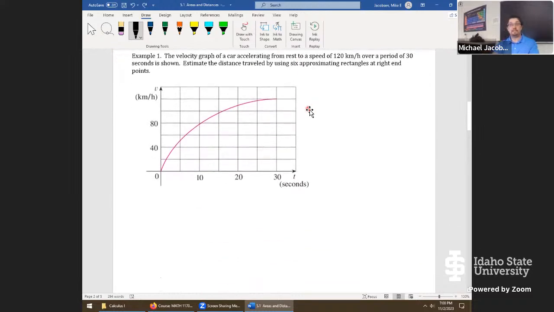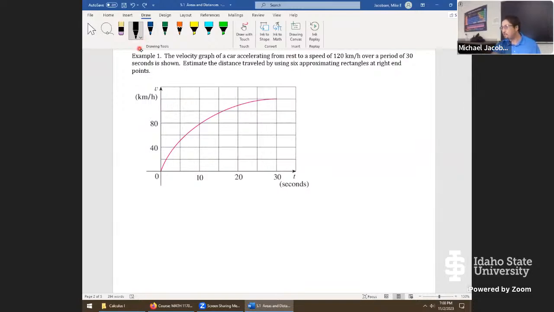So here's our first example. It's an applied problem too to make it extra fun. It says here the velocity graph of a car accelerating from rest, so at 0 kilometers per hour is what we're meaning by from rest, to a speed of 120 kilometers an hour over a period of 30 seconds is shown. So time from 0 to 30 seconds, and at 30 seconds it went 120 kilometers per hour.